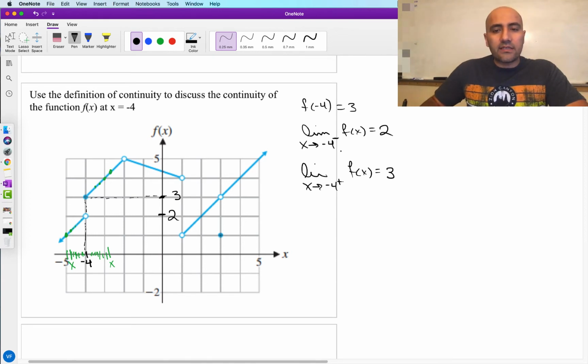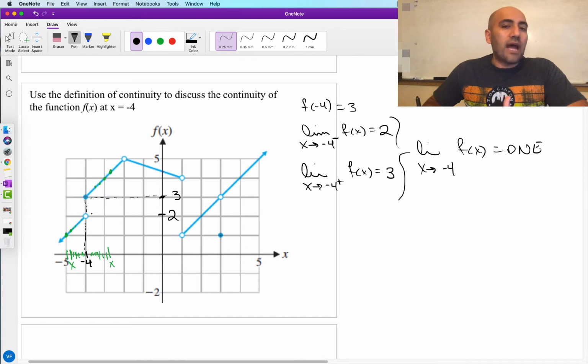The left-hand limit exists, the right-hand limit exists, but they don't match. So based on this, I can just say that the limit as x approaches -4 of f of x does not exist.